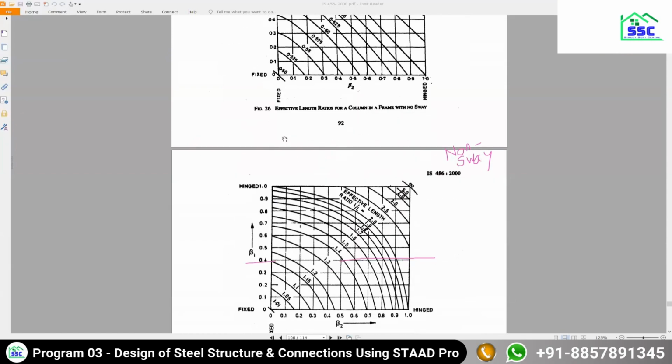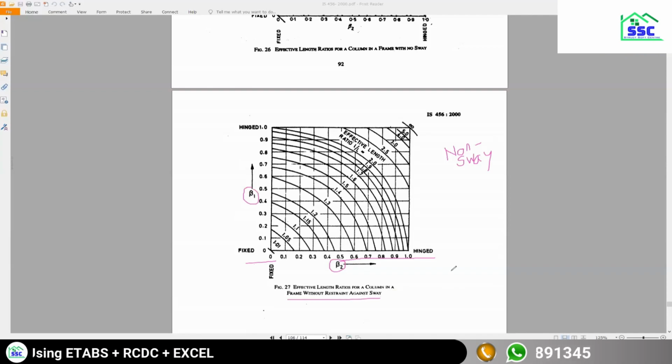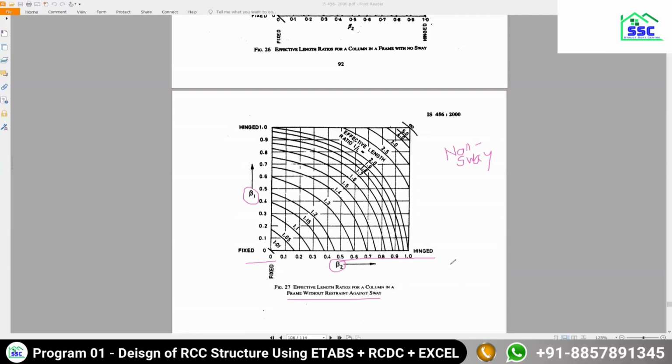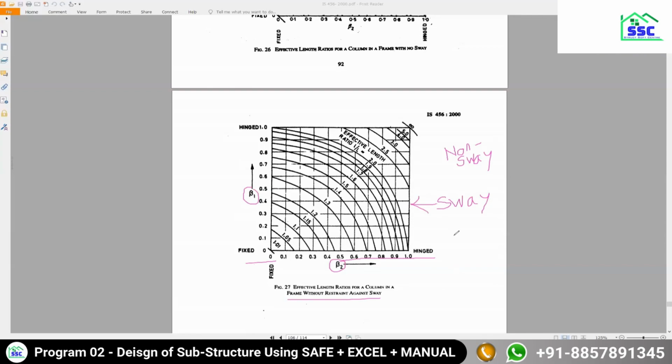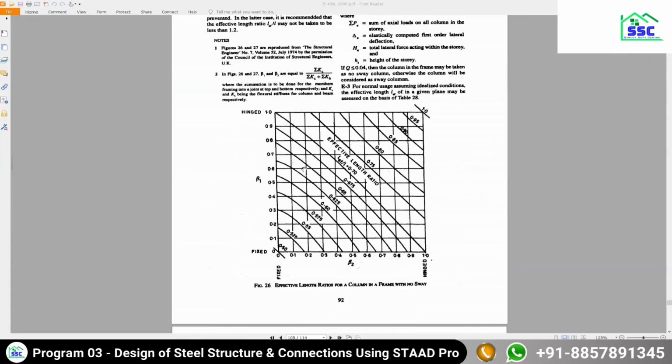If you go to the page below, there is one more figure, very similar, with the same beta 1 and beta 2 factors on the x and y axes, but this figure is for a column in a frame without restraint against sway. So this is the figure for a framing type which is sway. Figure 27 is for a sway frame and Figure 26 is for a non-sway frame.